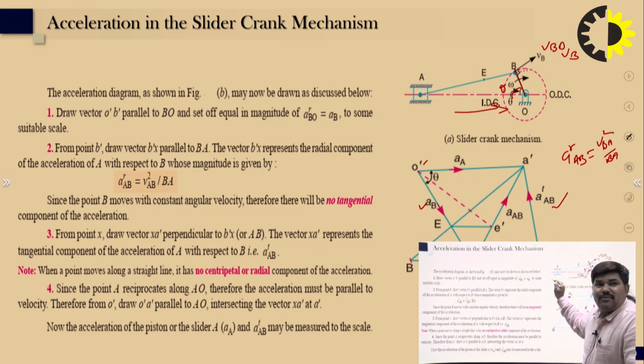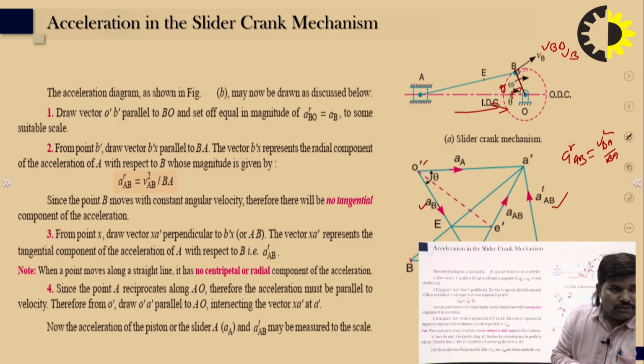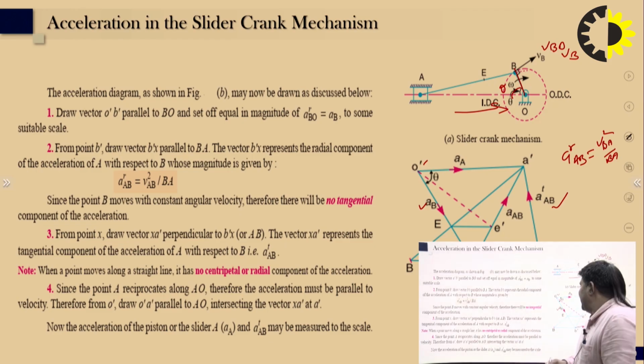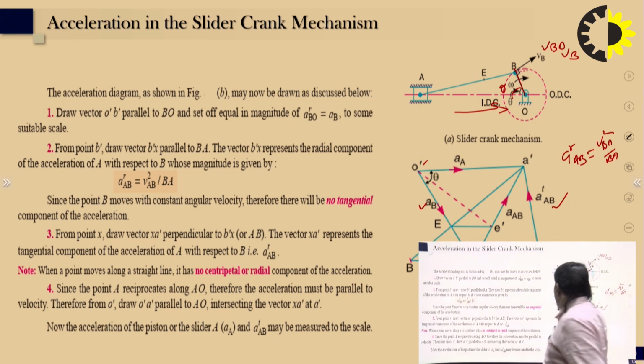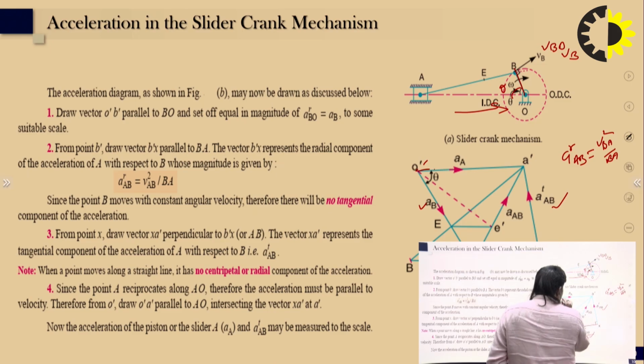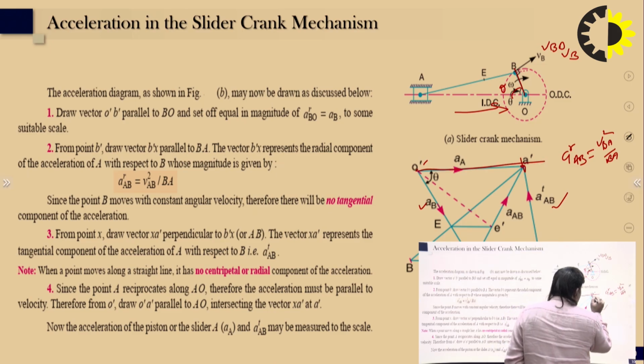Because the slider moves along this line, there is no centripetal component, and the acceleration must be parallel to the velocity. So from O dash you draw the line to A dash, and these intersect at the point A dash.